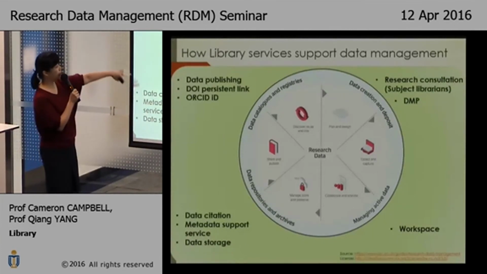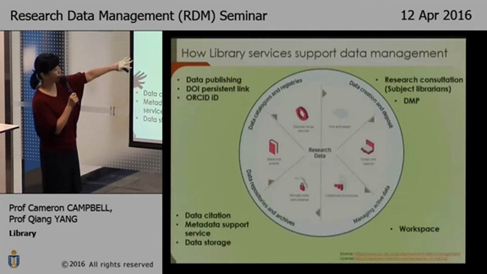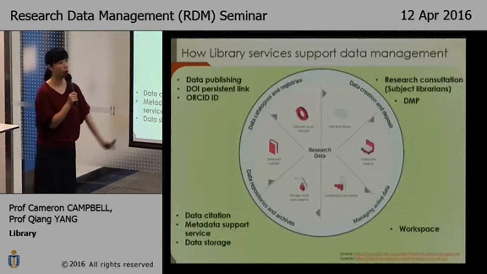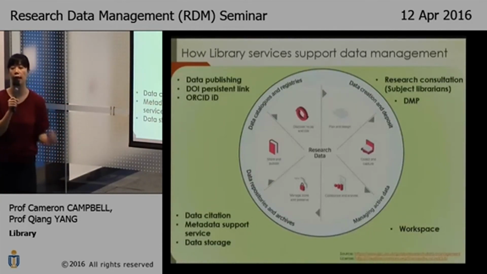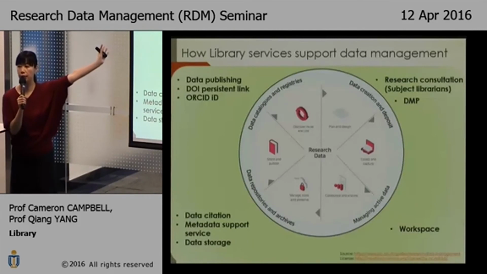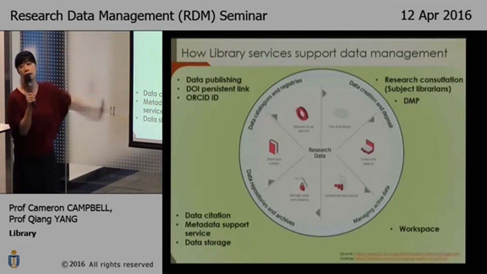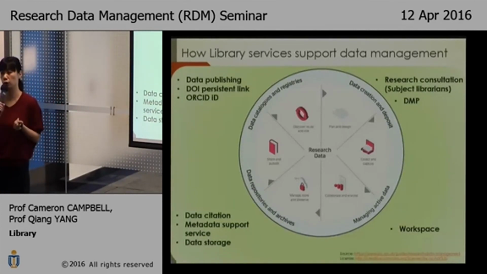If your data is about to be published, you need a storage space to share, manage, and store. We will provide you a data storage space, data citation services, and also metadata support services. Finally, if you are going to publish your data at our site, we can assign DOIs for your data set, and also connect the data set with your ORCID ID if you have already registered.